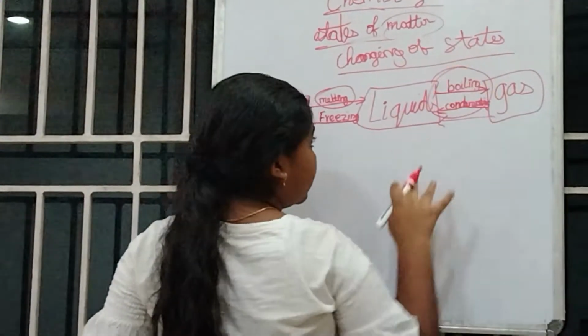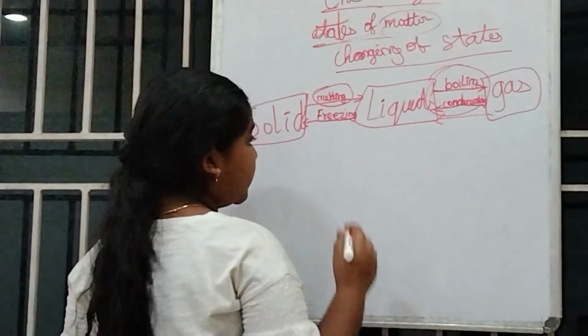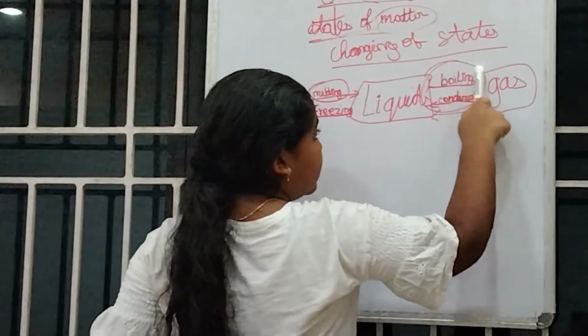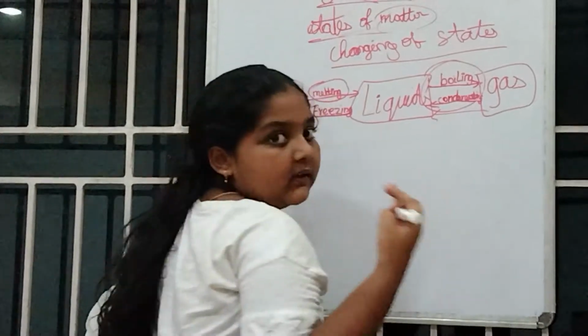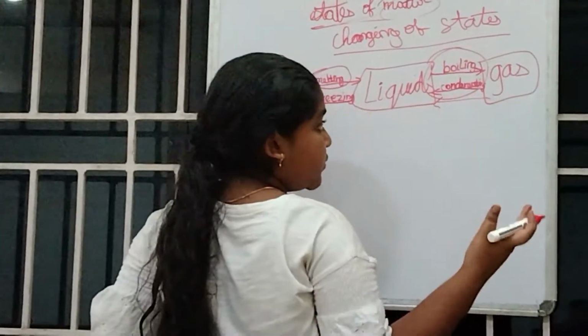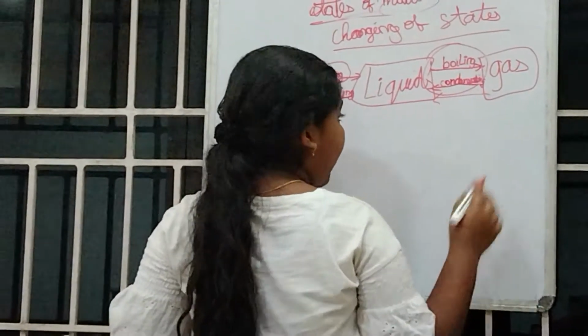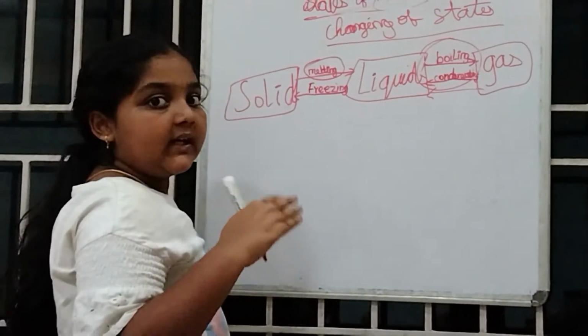This is used in many things like cooking. You can see this is boiling. This will make gas, and the gas will be converted into liquid, and those drops will come into the same.